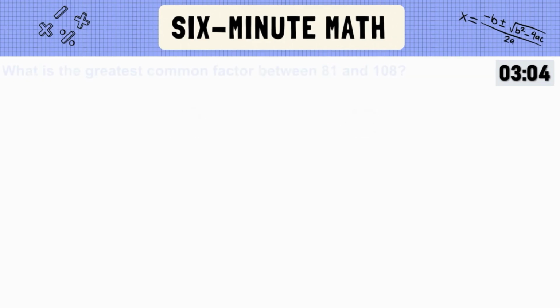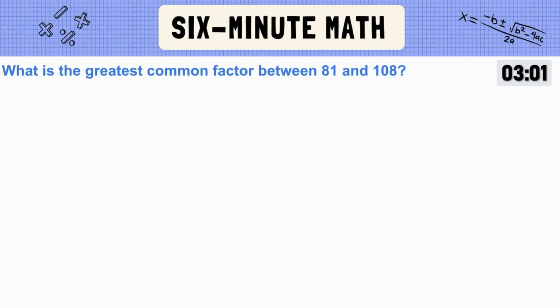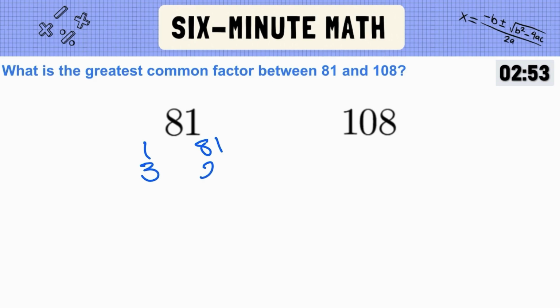Let's do a couple more examples. We're going to look here between 81 and 108. So again, we do my factor U, 3 and 27, 9 and 9.